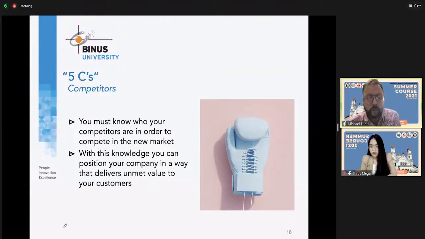So next we look at our competitors, and we do this in a way to position our company and figure out how can we add value that our competitors don't.